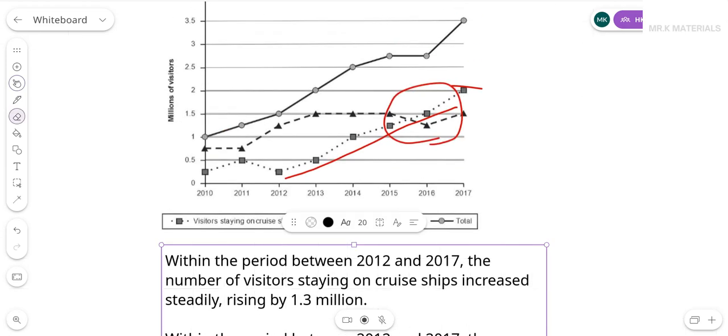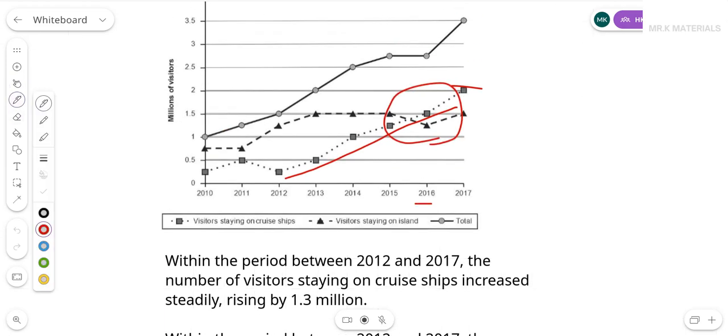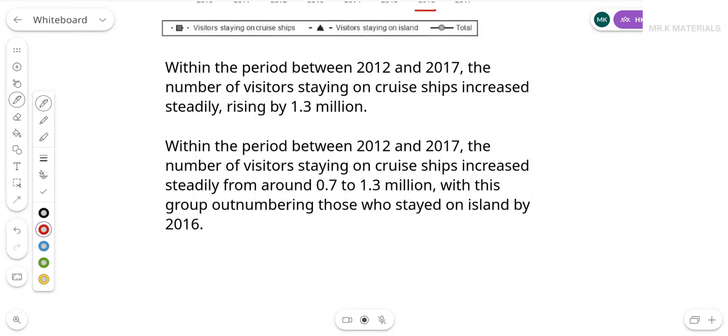So by 2016 here, they outnumbered them. This is an additional detail that I want to support my key feature with, to compare, and I can use it this way, fully fine, with this group outnumbering those who stayed on the island.